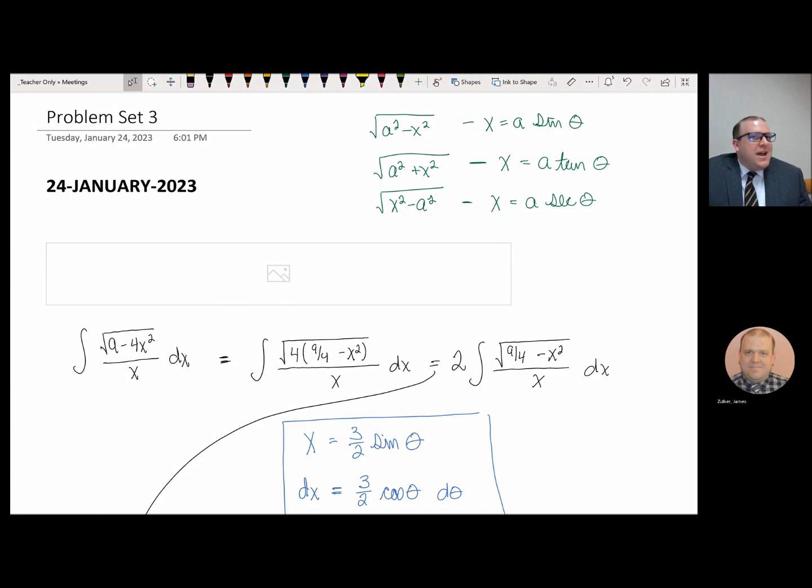You'd have to go back to whoever came up with these substitutions and ask them why they chose these three. I would probably say the reasoning is because of negatives popping in with the others, right? If you take the derivative of cosine, you get a negative sign. The same thing would happen with the other two.